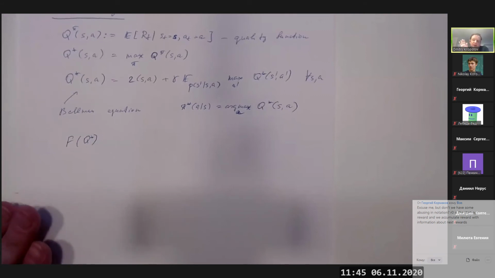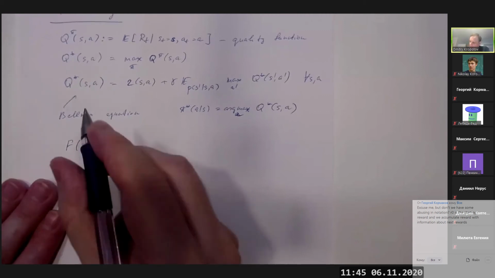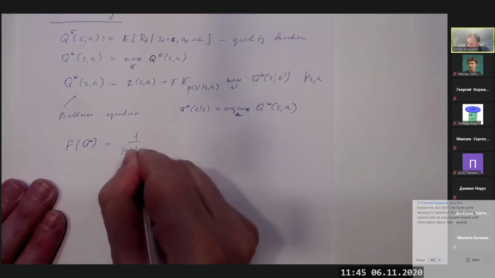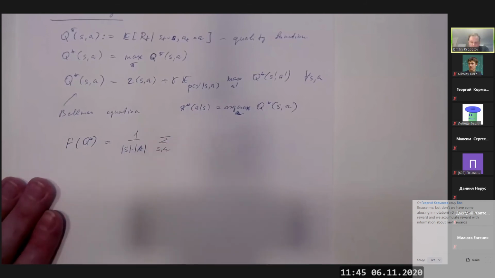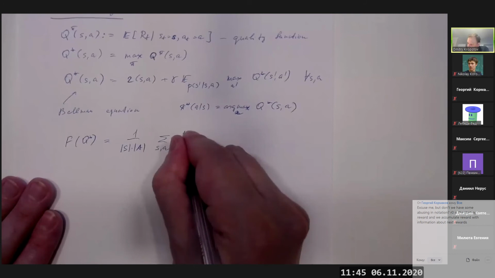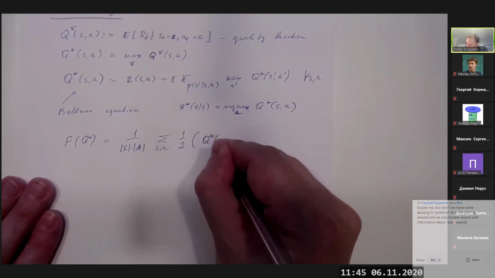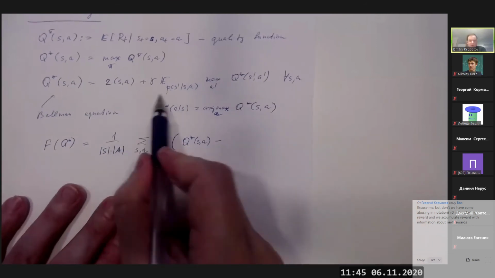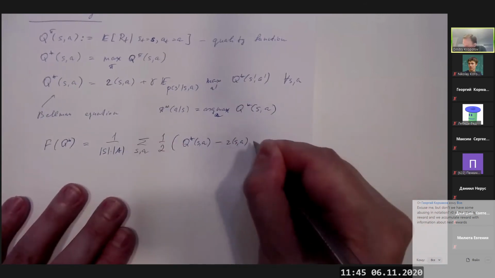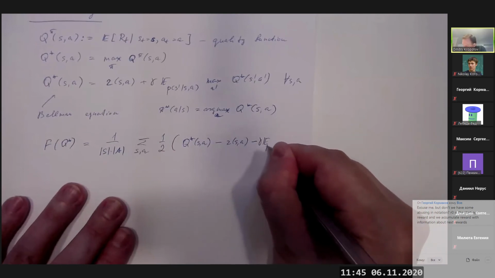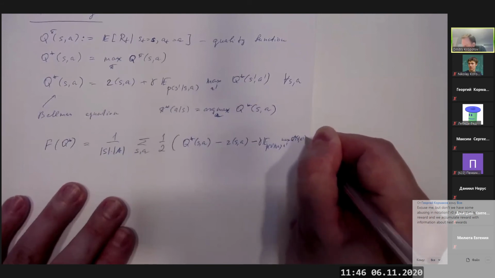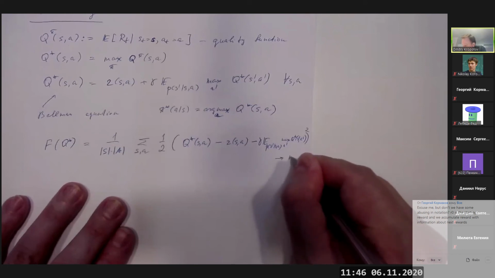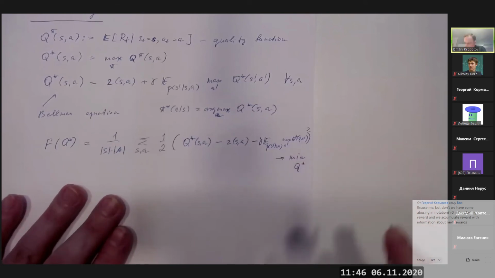Since we consider the discrete case, a discrete set of states and a set of actions, we may consider the following criterion function: a summation over all possible states and actions of the squared difference between Q and what is written here, and we minimize this with respect to Q star.